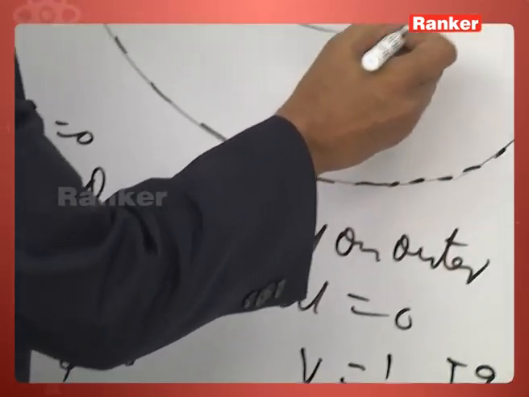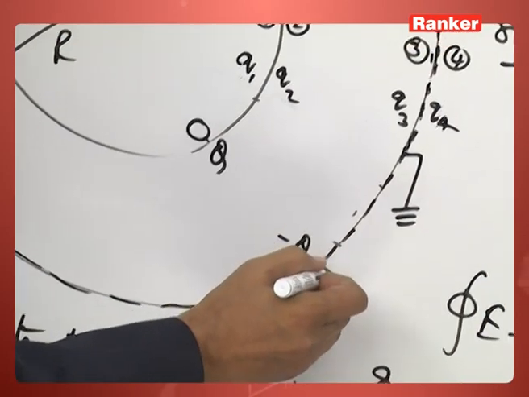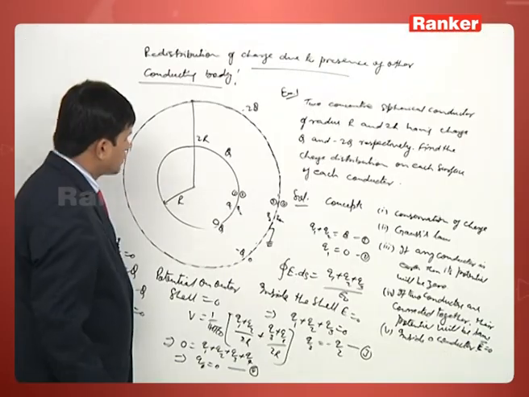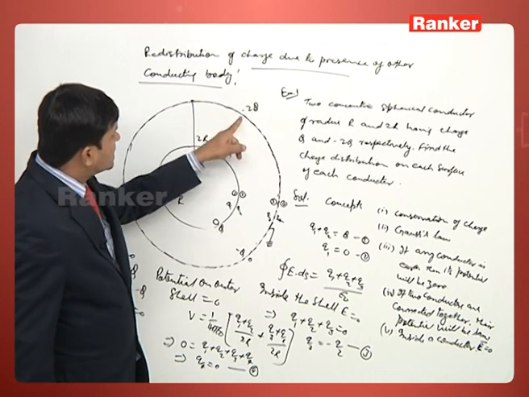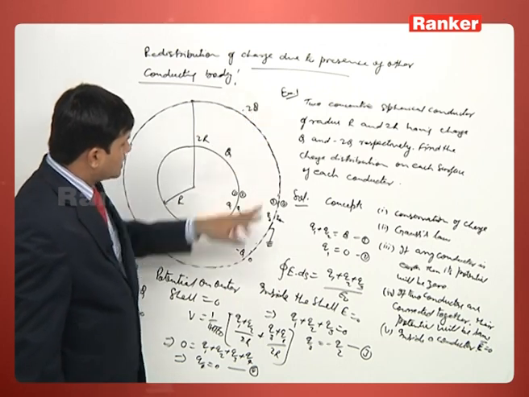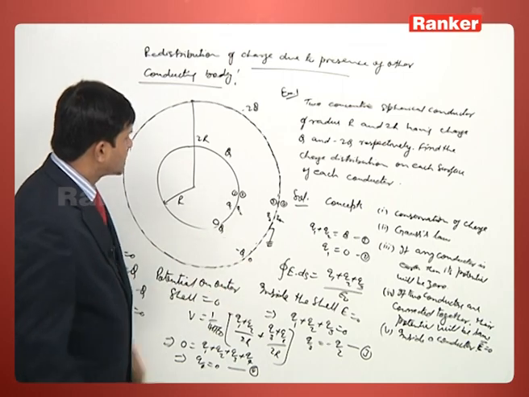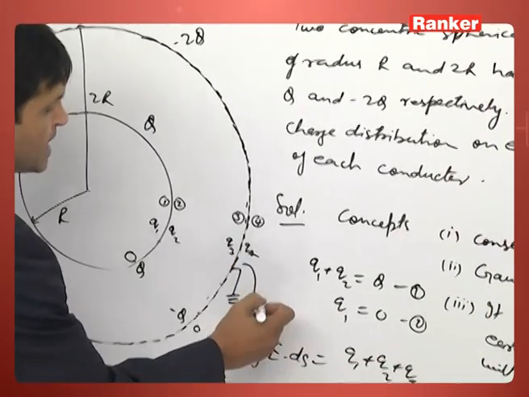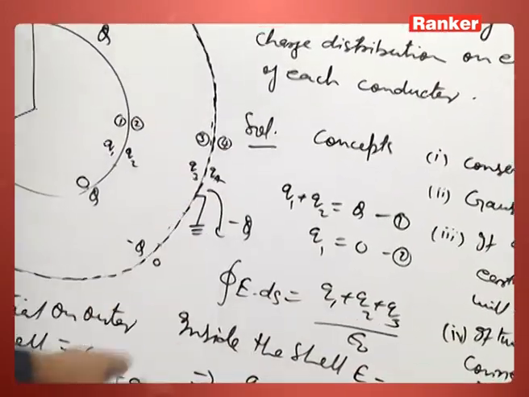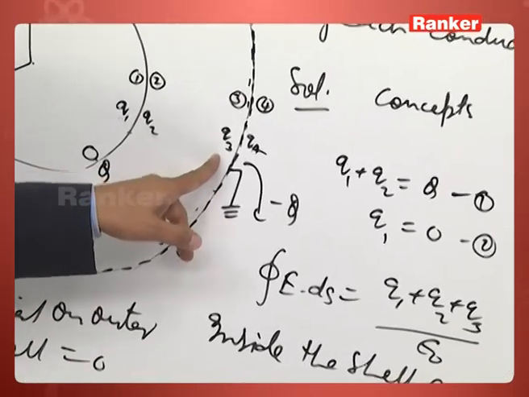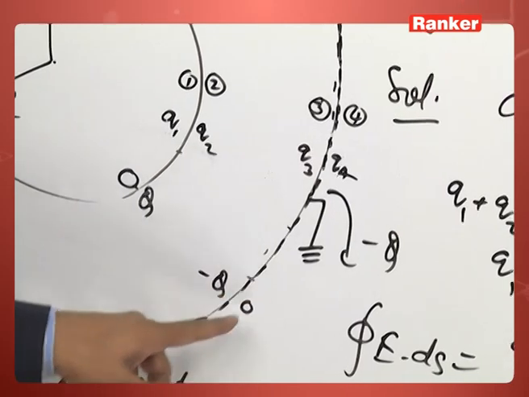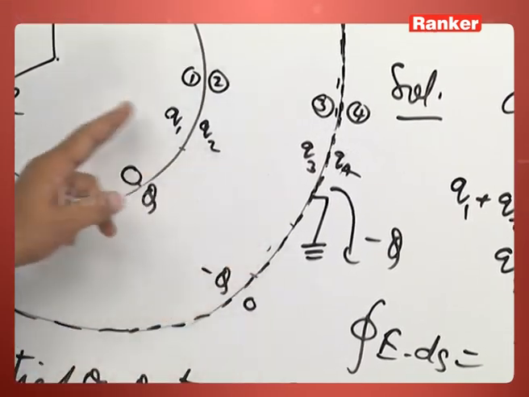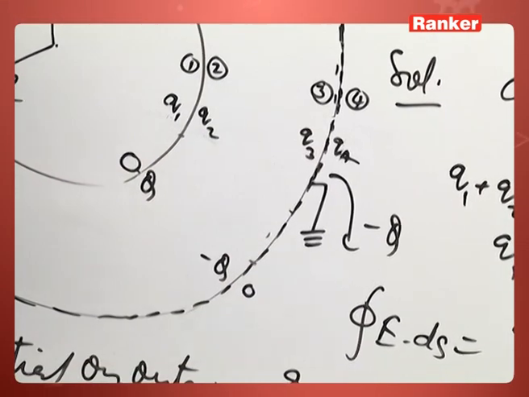This is 0, Q, minus Q and 0. So what has been observed here? Earlier the charge was minus 2Q on this shell. Now the charge left is only minus Q. It means minus Q charge has flown from the outer shell to earth. So that's why the charge on this shell has been reduced, and this is the distribution of charge on each surface of each shell.